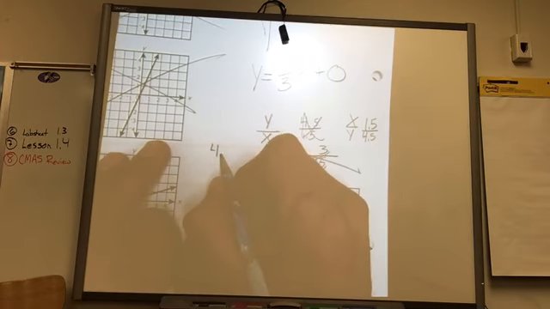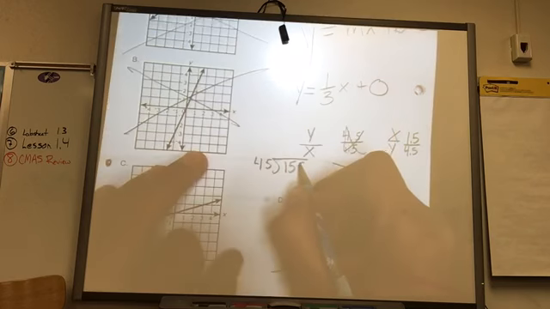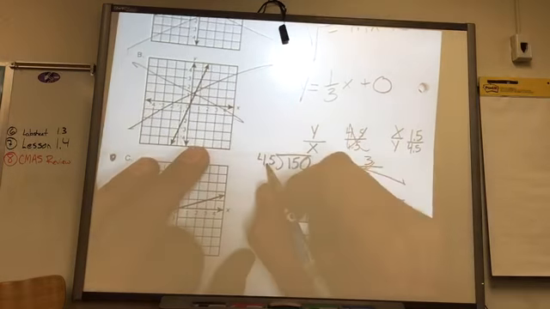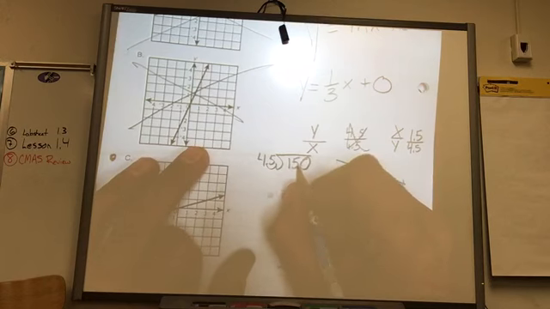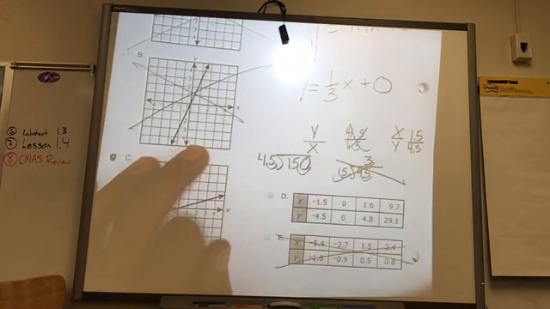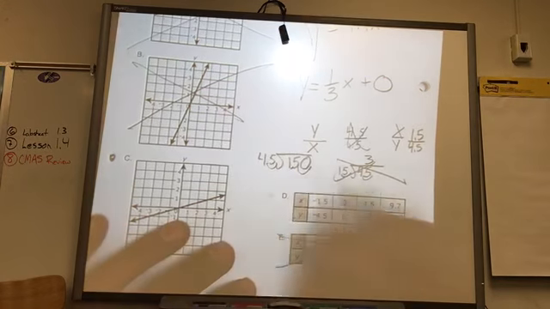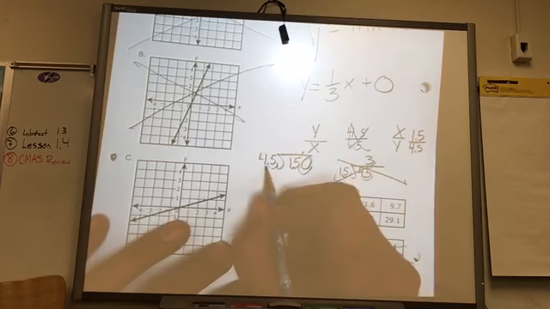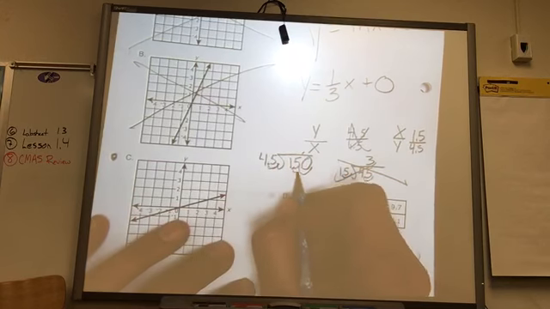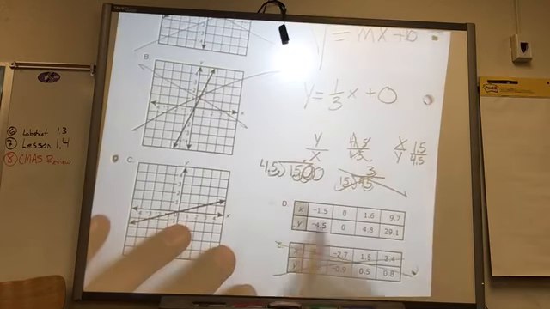So I go 45 divided by 150. Because that's there, I move it over. I move the decimal over one place, and I move the decimal over one place. So I was putting the 0 there to get ready for what's coming.